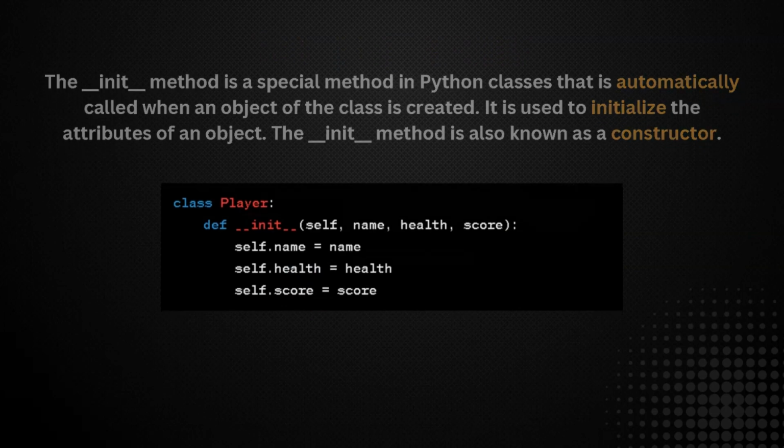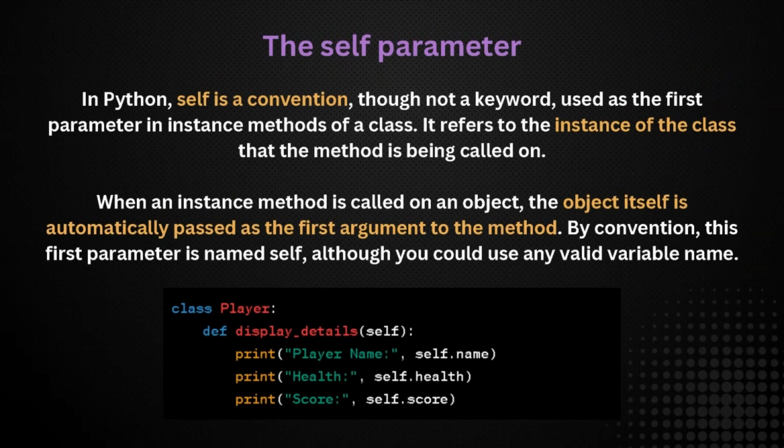And now you know what self is. Self is actually a convention. It's not a keyword, and it is used as the first parameter in the instance method of a class. It is referred to as an instance of a class, and as told earlier, an instance is nothing but an object. So self refers to an object.